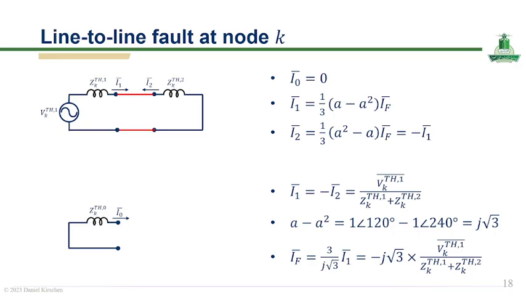The equivalent circuit illustrates that only the positive and negative sequence networks are involved and are connected in series through their respective Thevenin impedances.